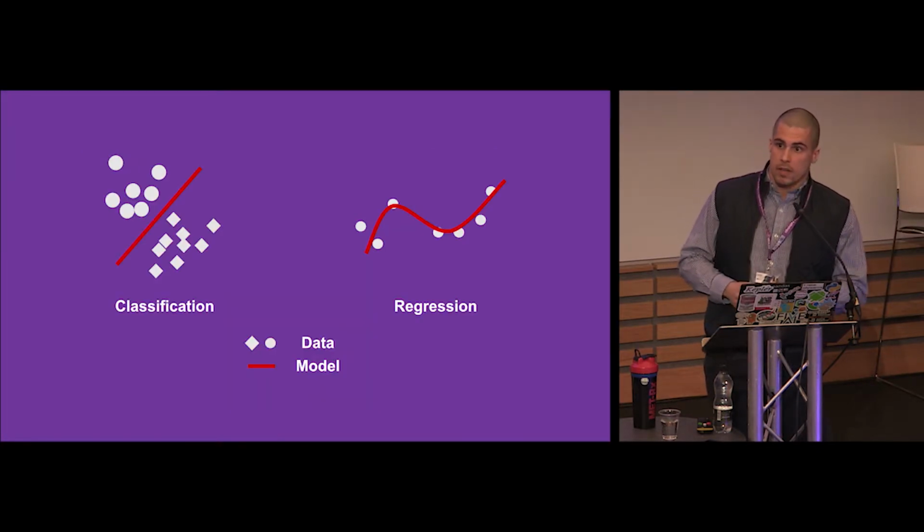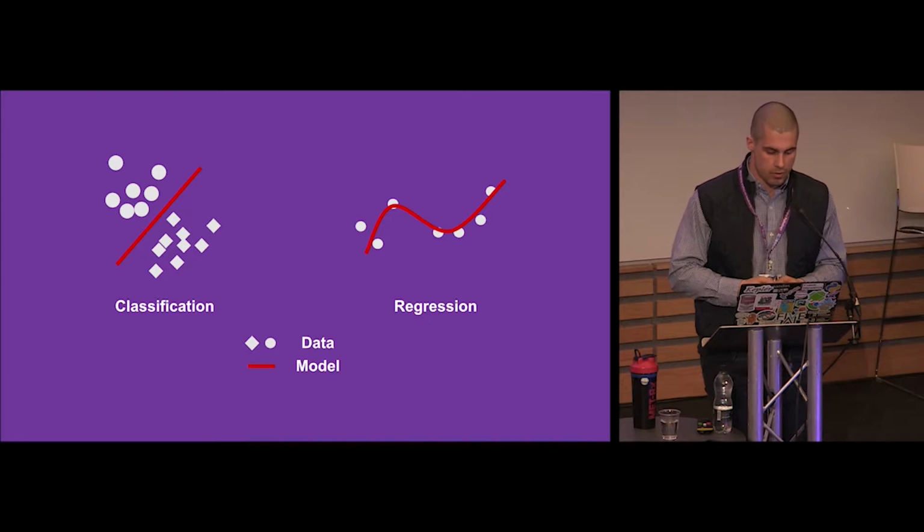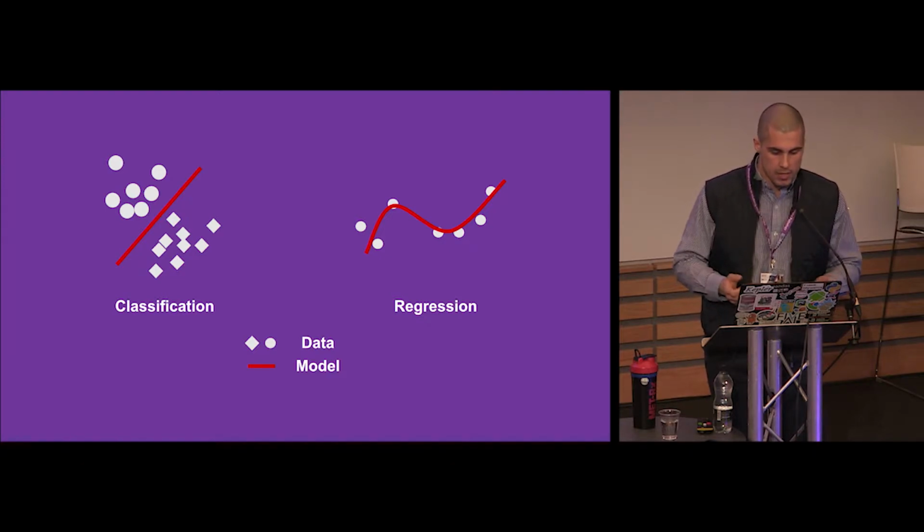Now, in machine learning, there are many types of tasks that we can solve, but the most common ones that we are solving within the medical domain and pathology specifically are classification and regression. The white circles and white diamonds are the data points, and in classification we just try to separate these two categories by a line, and that's all classification does.